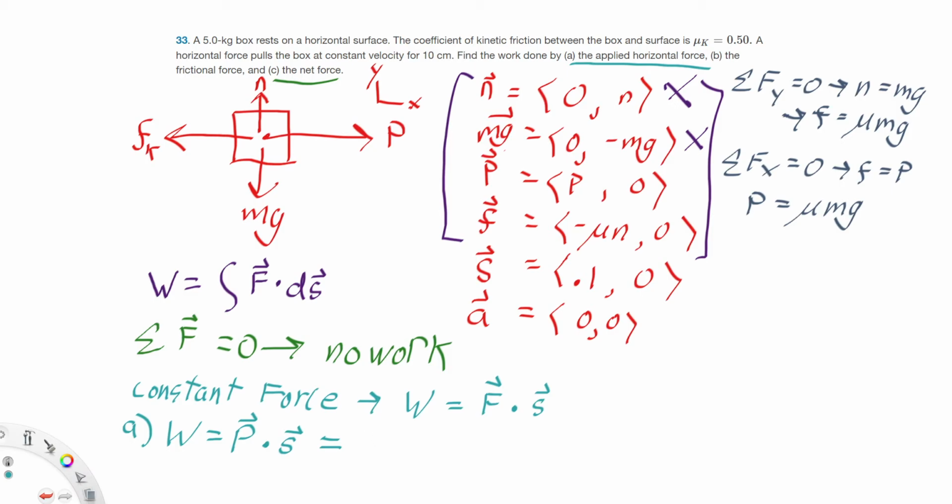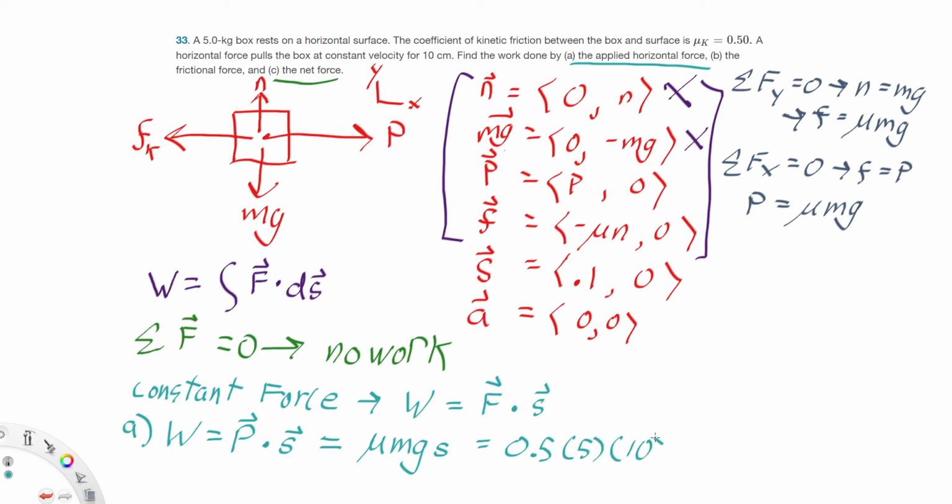So when we do P dot S, our force is mu mg. The distance that we have moved the box is S, and those numbers are given to us. So the coefficient of friction is 1/2. The mass is 5 kilograms.